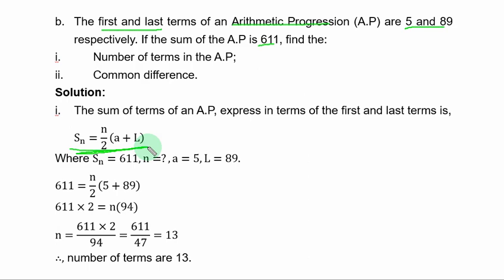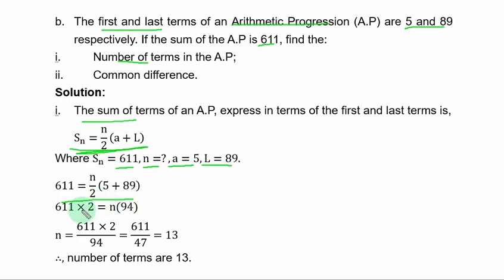You are asked to find n, the number of terms, and the sum of n terms is 611. N is unknown. The first term is 5, the last term is 89. You replace all of these in this formula, and you have this result.